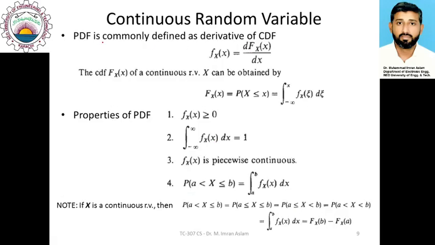So if I ask about the standard relationship between CDF and PDF, they are related with this derivative relationship. The PDF can be calculated by simply differentiating the CDF of any function.